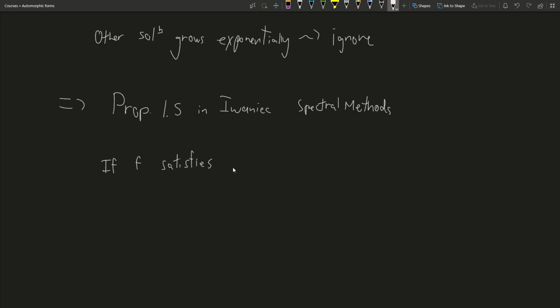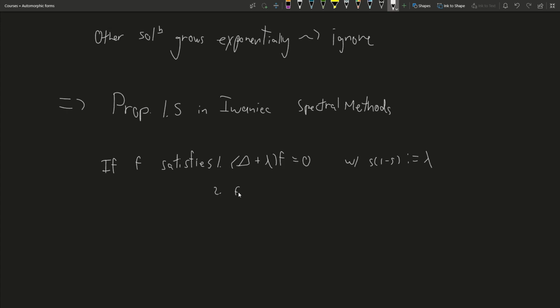If f satisfies Laplacian plus lambda of f is 0, so it's an eigenfunction of the Laplacian with s defined as such. There are going to be multiple requirements for f.